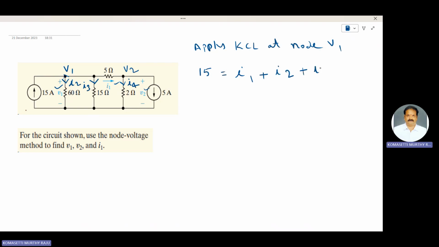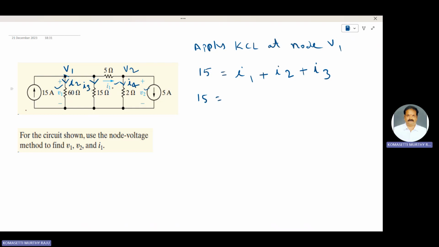Here also the node voltage is V1, because these two are shorted.